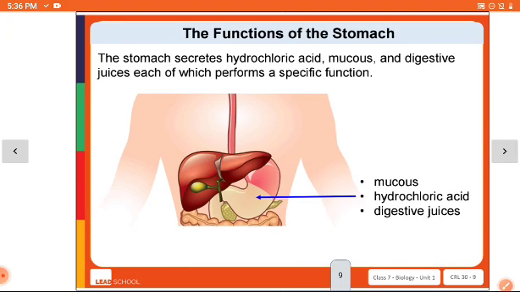The function of the stomach is that it secretes hydrochloric acid, mucus and digestive juices, each of which performs a specific function. Mucus, hydrochloric acid and digestive juices help to digest the food.